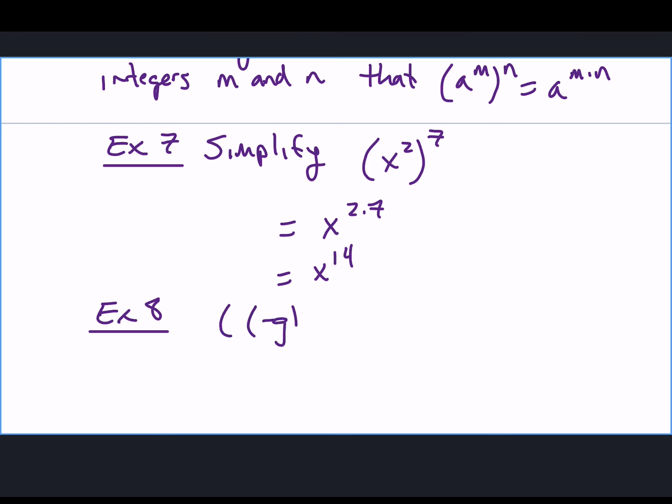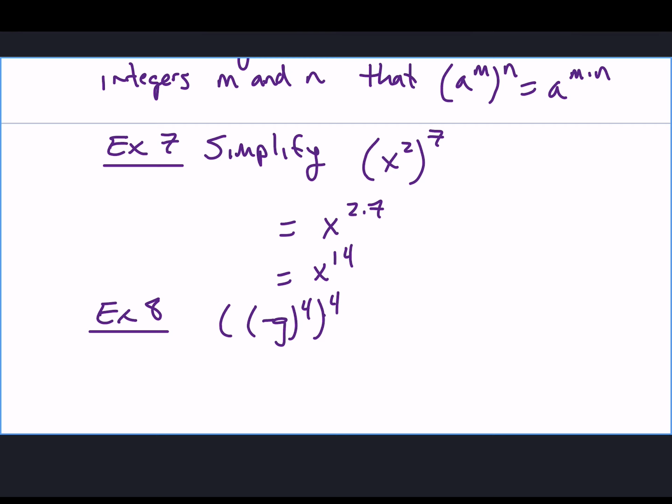I have negative g to the 4th power, and I have that quantity raised to the 4th power. Well, groups first, right? So this is going to fall under the power rule.